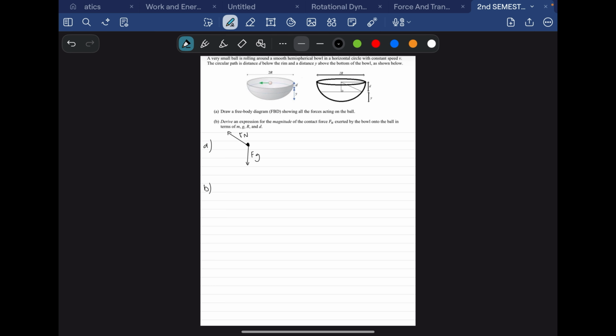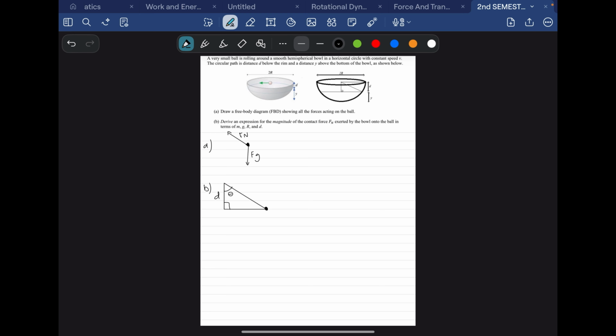For part B, Fn, I'll look in the y direction, so I'll draw the diagram again. I'll reference this as my angle, then the ball is right down here.